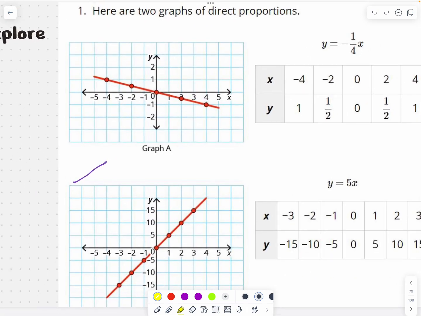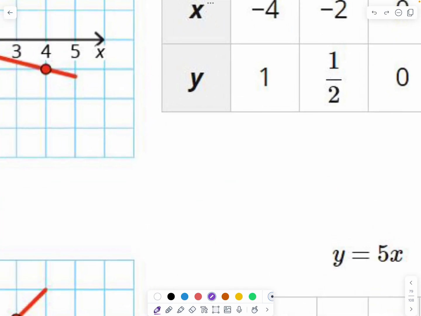Zoom back out. Because if I take the y value and I divide by x, 1 divided by negative 4 is negative 1 over 4. 1/2 divided by negative 2 is negative 1 over 4. If I do those divisions each time, 1 divided by negative 4, 1/2 divided by negative 2, oh, remember dividing fractions.